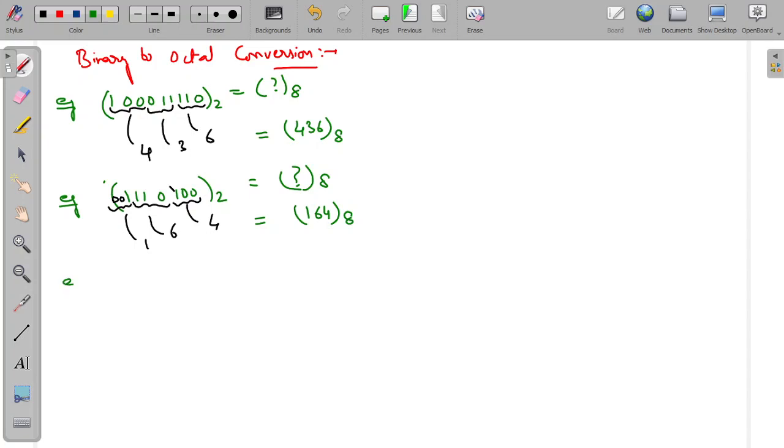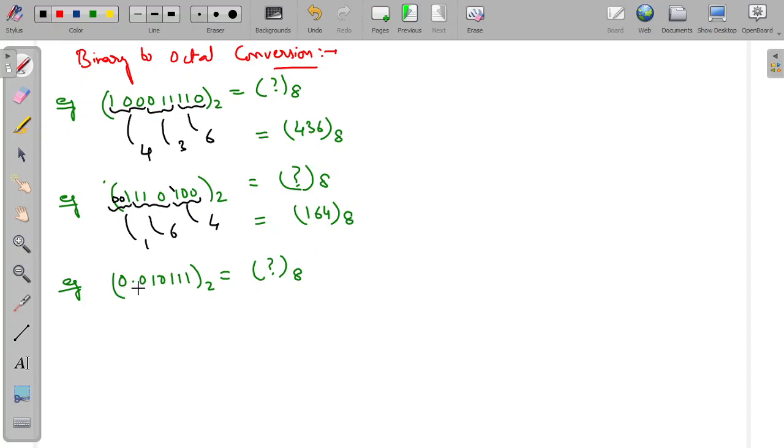Fractional part: 0.0101, then let's say 1 and 1 in binary is what in octal? Again, perform the grouping. Start from the radix point.